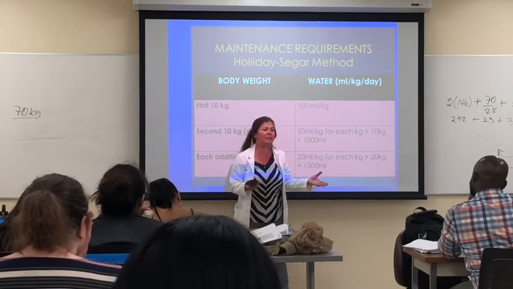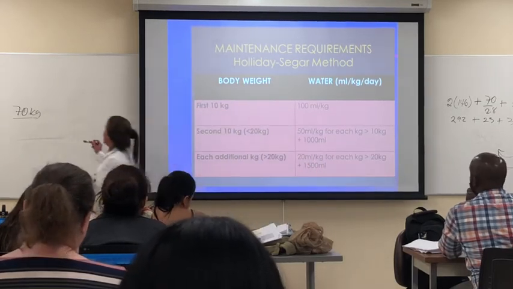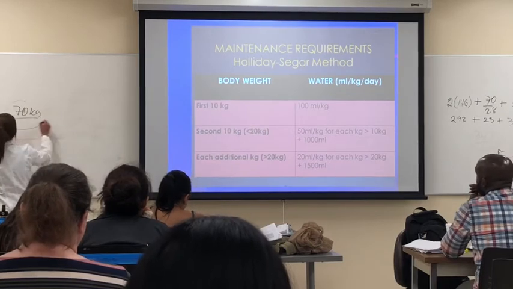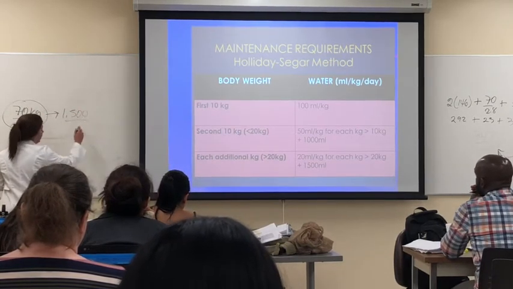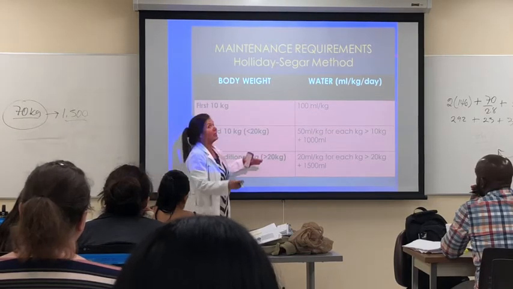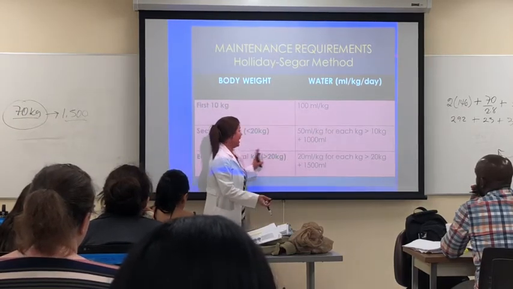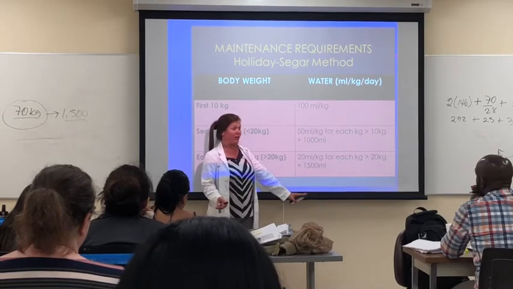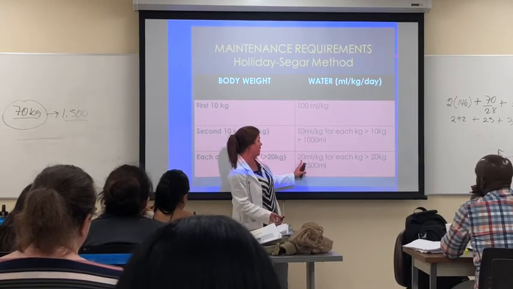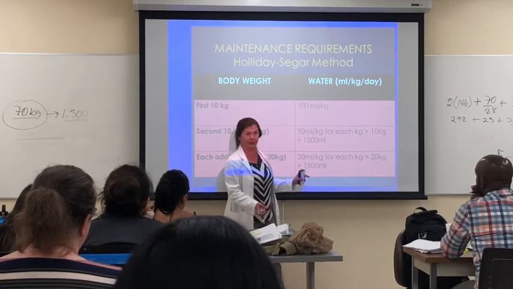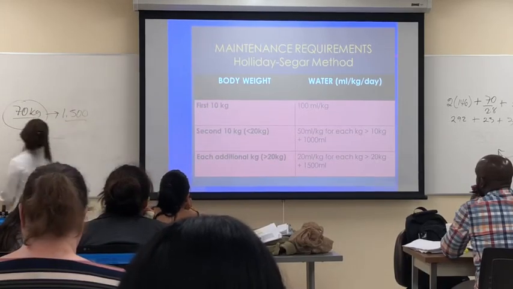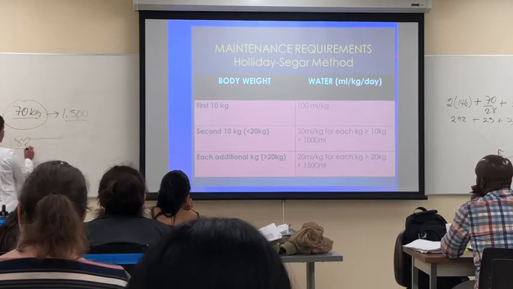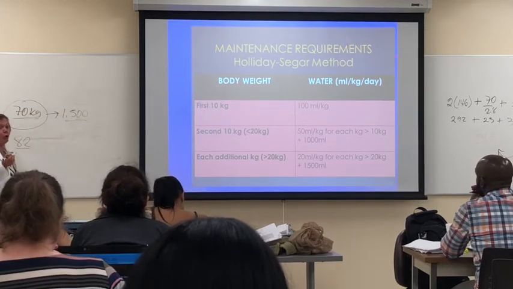So in reality, for 70 kilograms, you have 1,500, but Holliday-Segar says that any excess after that, you calculate 20 mL per kilo. Imagine that I'm 82 kilograms.